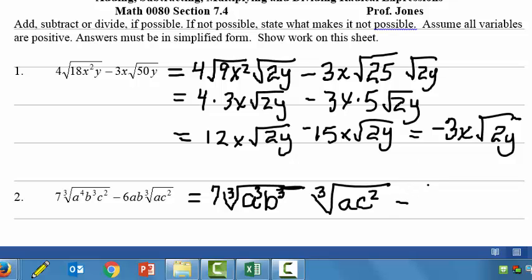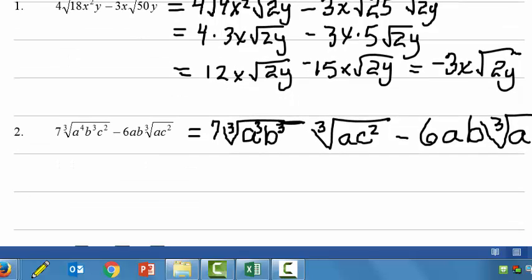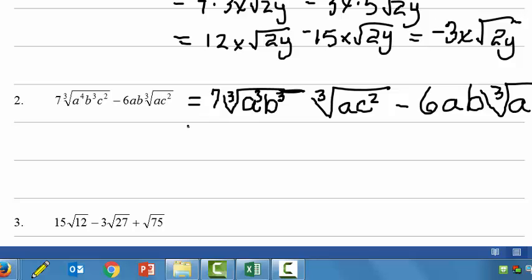And from this we're going to subtract 6ab times the cube root of ac squared. And notice that this radical expression is written as simply as it can be. And let's go ahead and apply the cube root to a cubed b cubed.